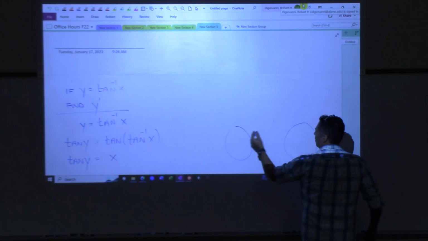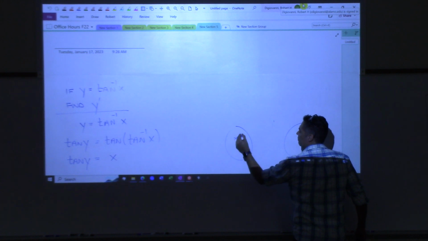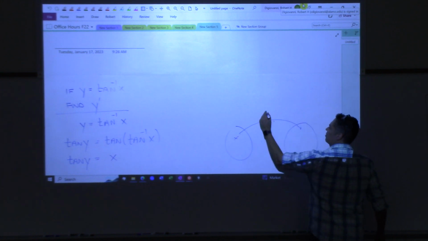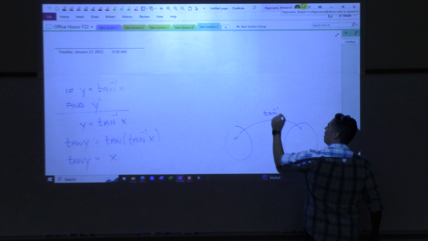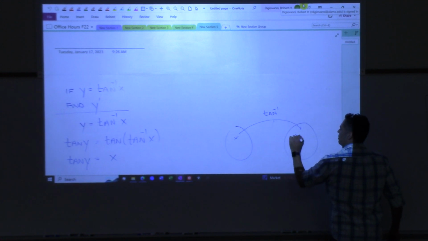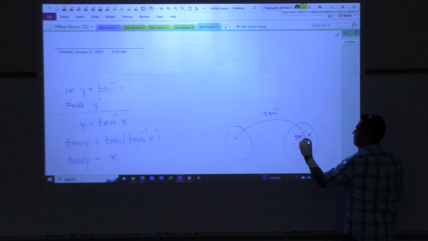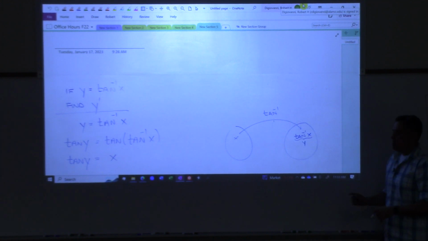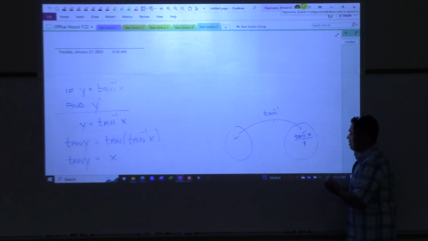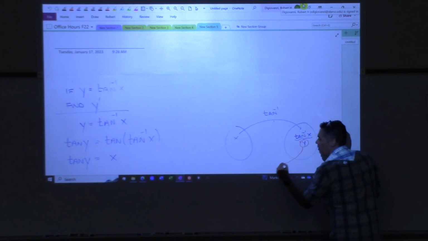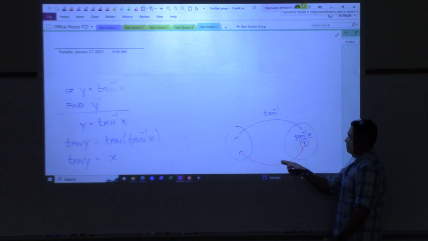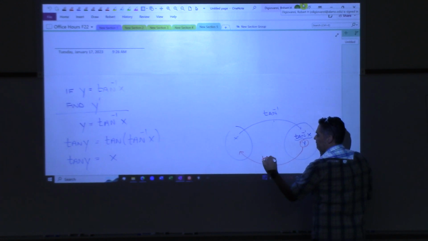It's like this. If you start out with an x here, you send it through the function tangent inverse, then it comes out here as tangent inverse x. Whatever it is, it's some number. I'm going to call it y. Now, if I take that y and I want to send it back to x, I would plug it into what function? Tangent, right?